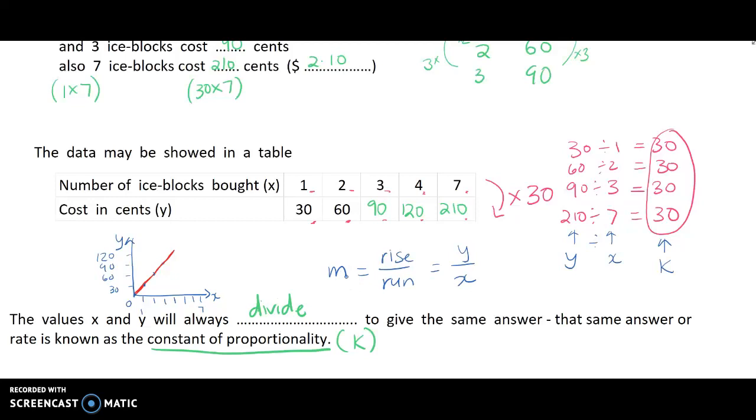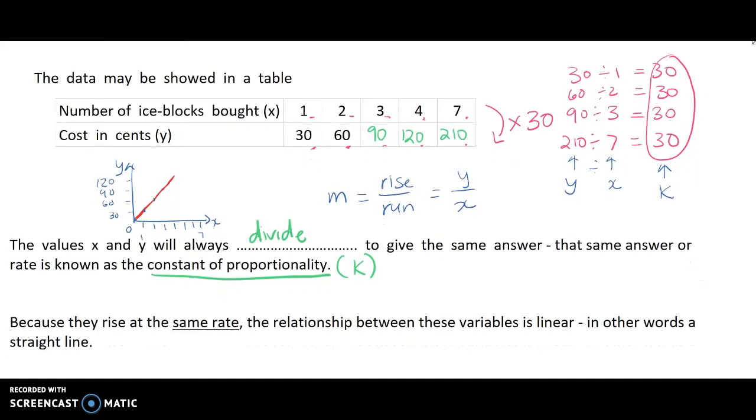So therefore, what we can say is that k gives the gradient, or k is basically equal to the gradient. So whatever the gradient is, it tells us the rate at which the change is happening.